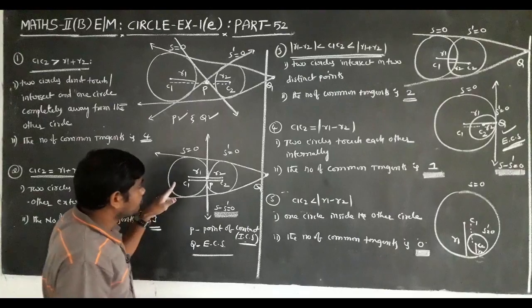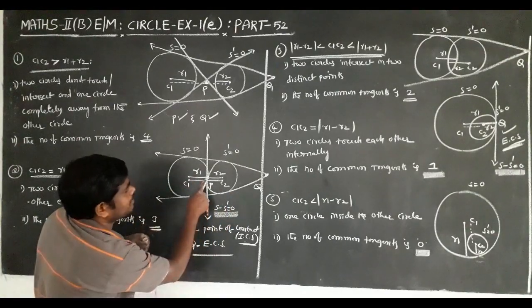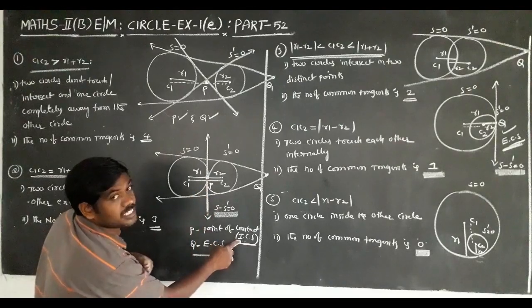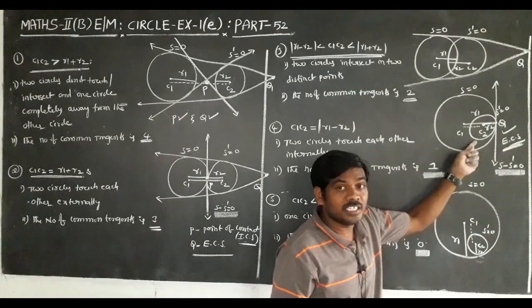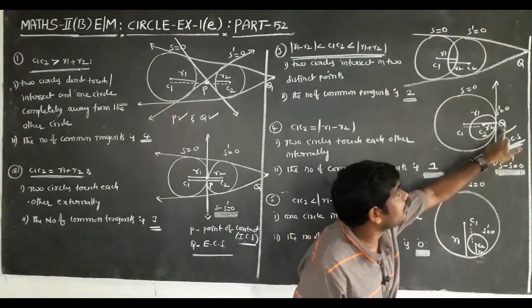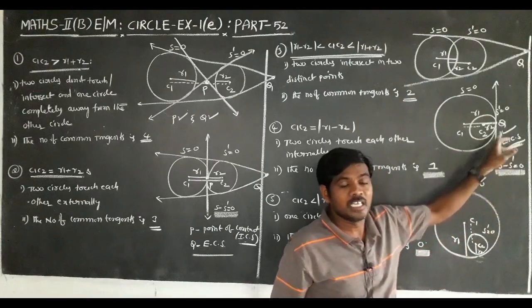Once again, if two circles touch each other externally, the point of contact is the internal center of similitude. If two circles touch each other internally, the point of contact is the external center of similitude.